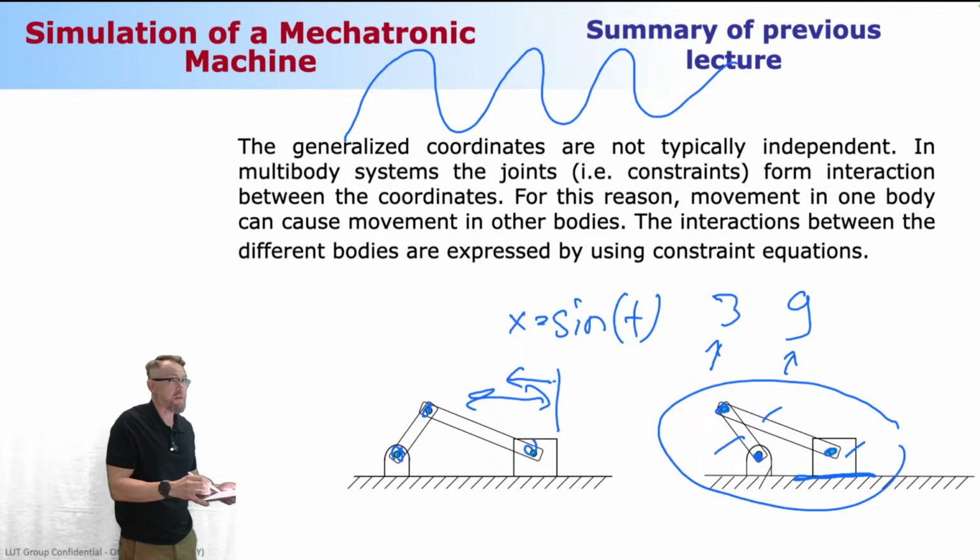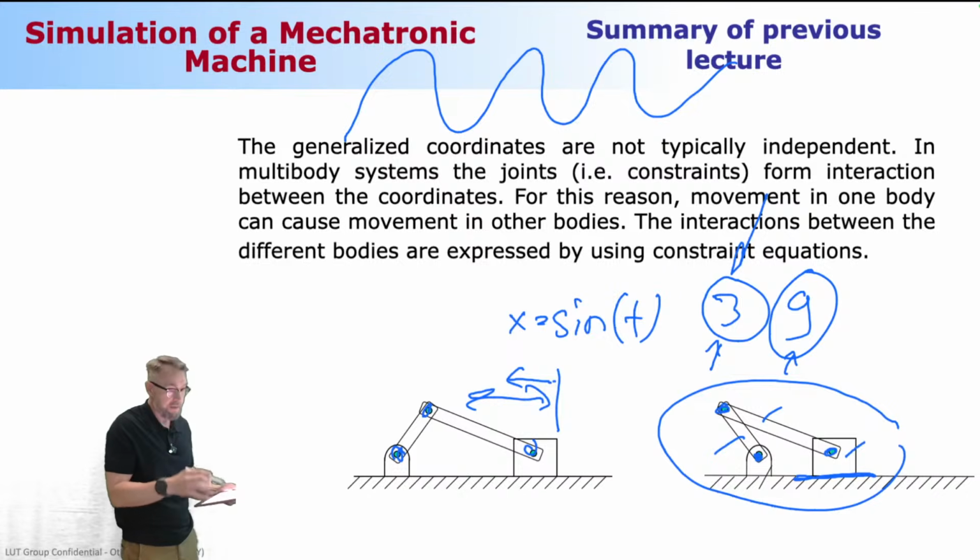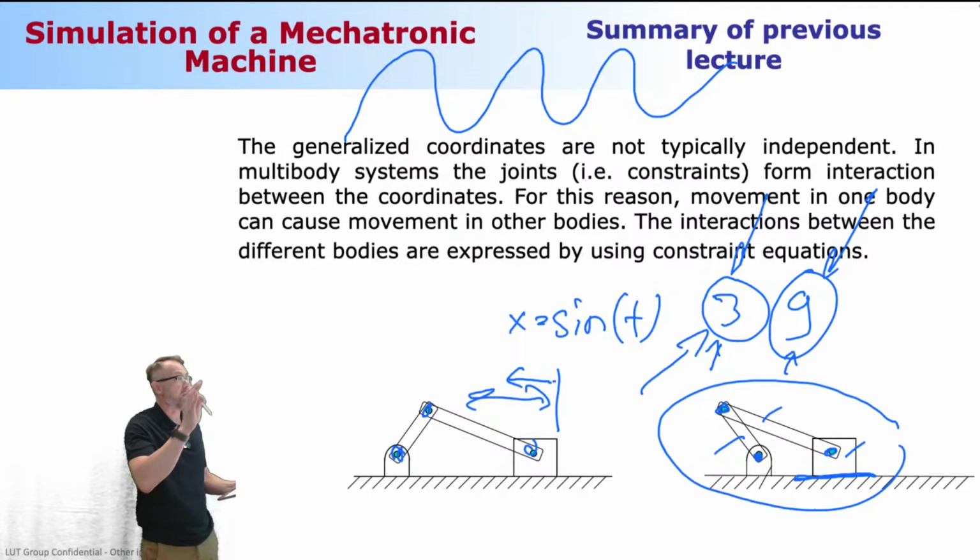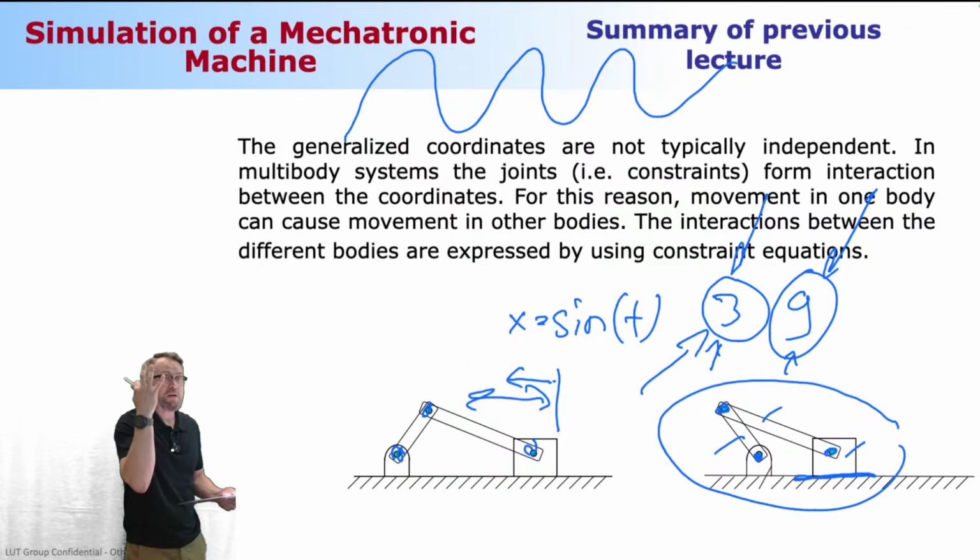Which one is the correct answer? Is it going to be 3 or 9? All of you need to cast a vote. How many of you are voting for 9 coordinates? Yeah, 9. How many of you are voting 3? 0. Okay, fantastic.